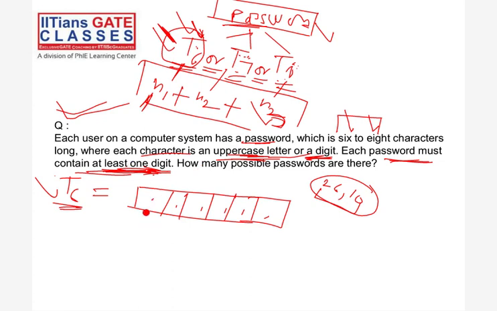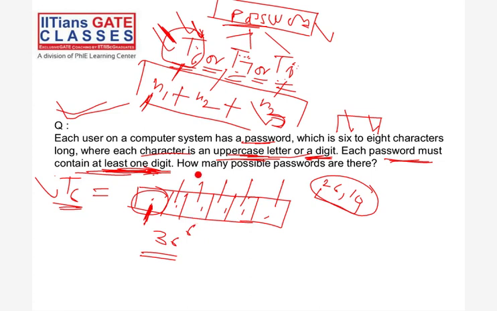So let's find all the cases. There are 36 ways to complete each position: 36, 36, 36, 36, 36, 36. So finally, 36 power 6 is the total number of six length passwords I can make.